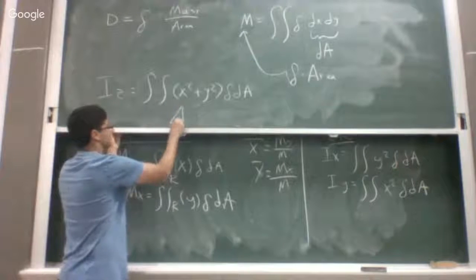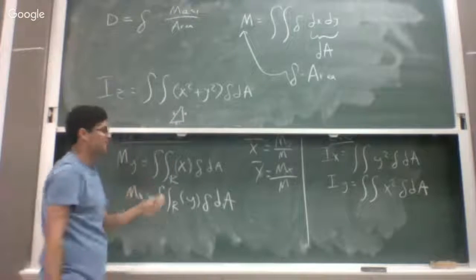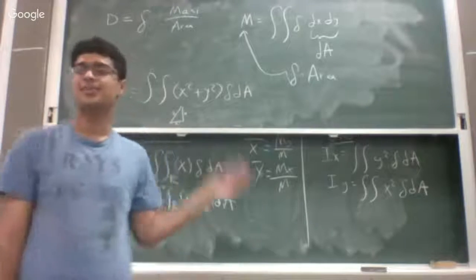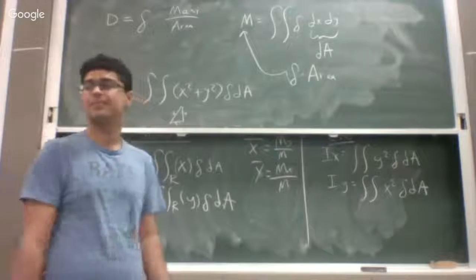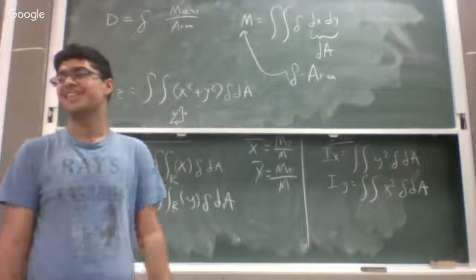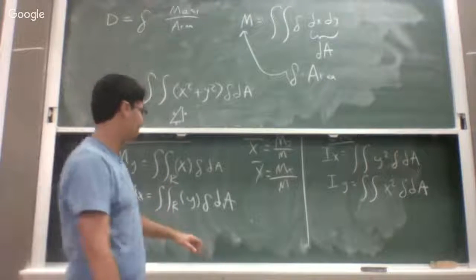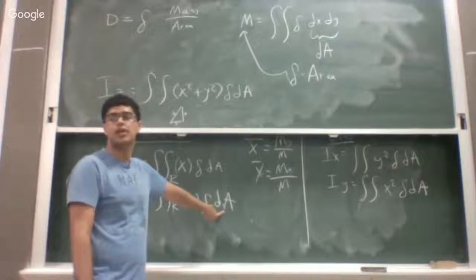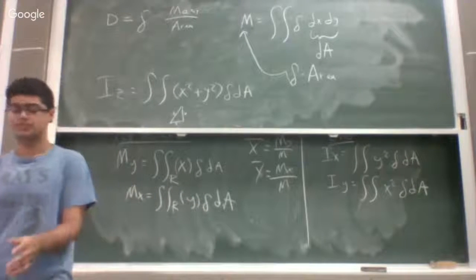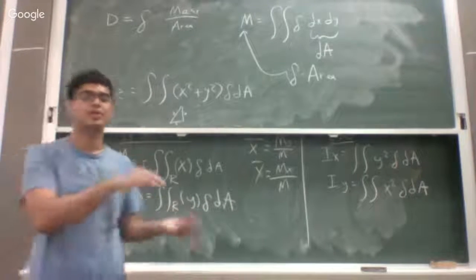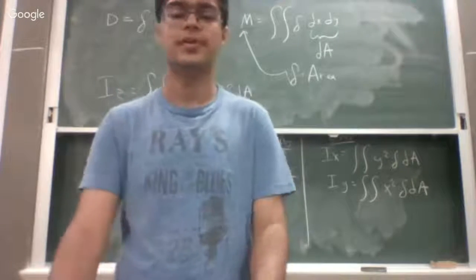I think that's why, but I could be making that up. Probably not. Because we're doing dA, and dA is a function of dx dy, so if you want to convert it into the three-dimensional z aspect, that's probably why.